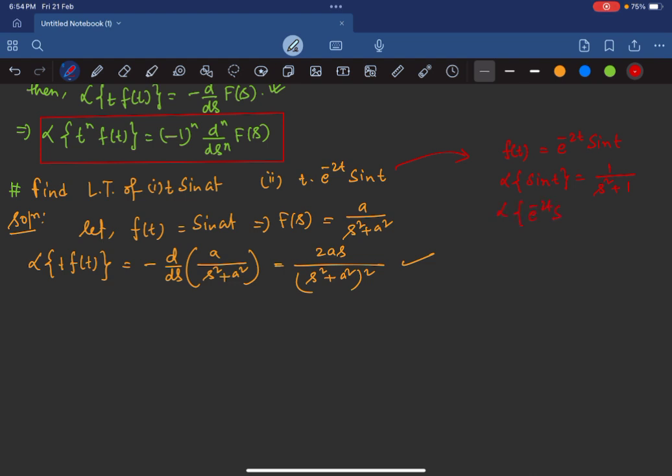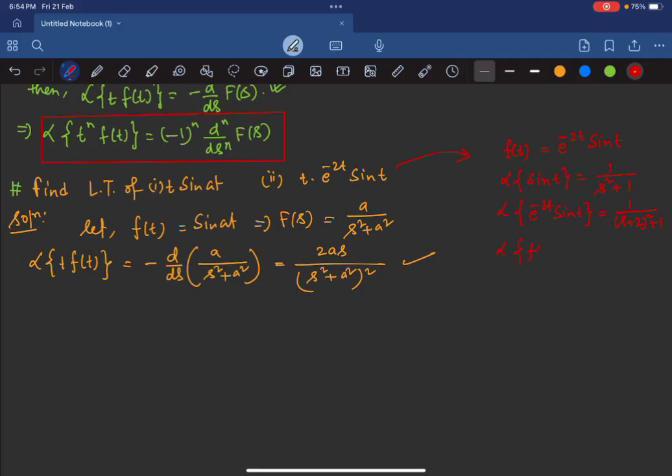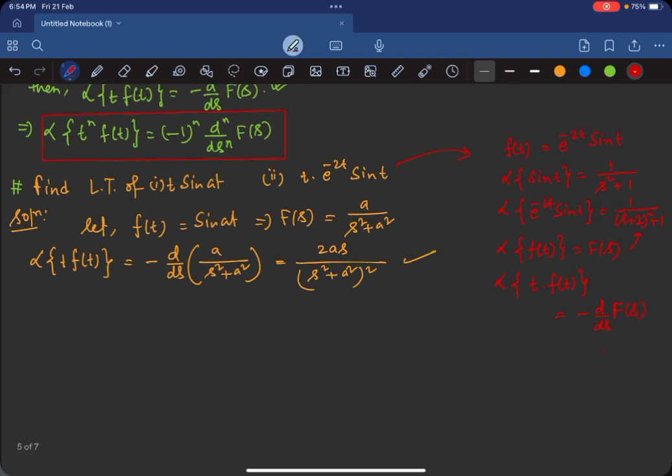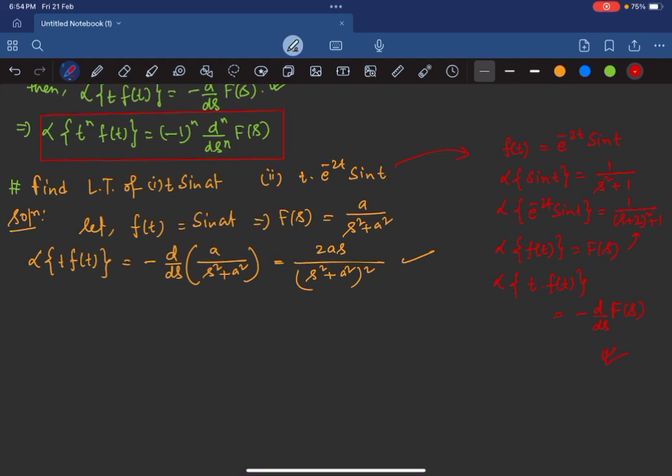Now Laplace of e power minus 2t sin t, by the change of scale property, is 1 by (s plus 2) square plus 1. This is nothing but Laplace of f(t), so this is F(s). So for Laplace of t f(t), you simply take the derivative of this F(s). This is how we can directly solve the question by applying this formula.